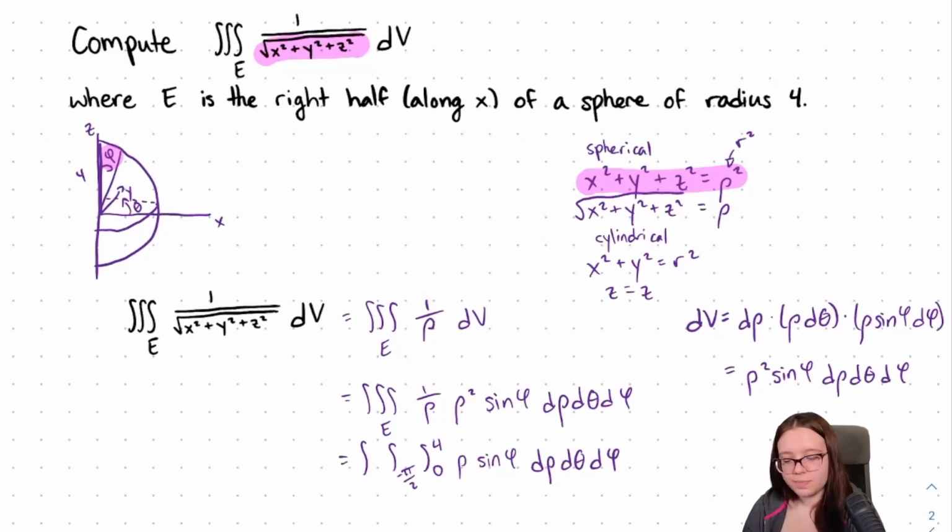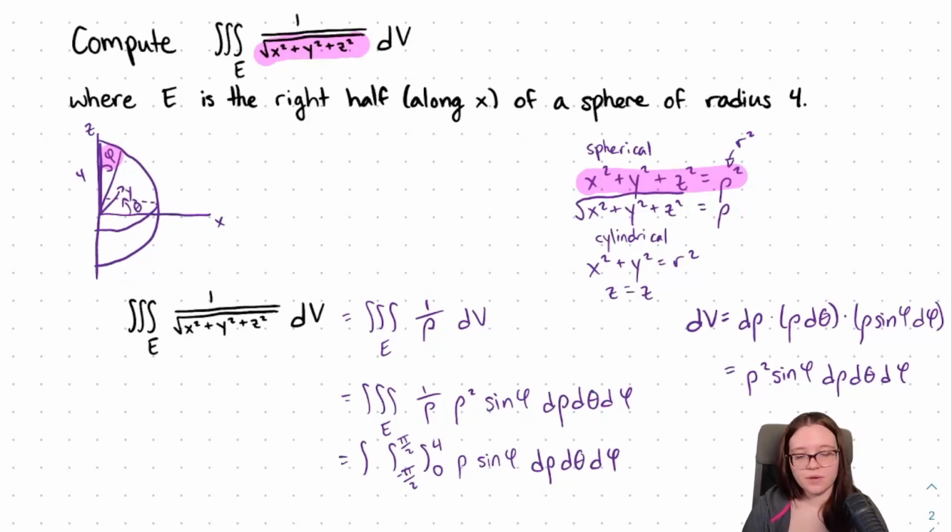And then our maximum is the 90-degree angle, which is pi over 2 radians, positive. This makes sense because the distance between negative pi over 2 and pi over 2 is pi, and pi is exactly half of a circle. We cut a sphere in half, so we're looking at half of a circle when we take that cross section.